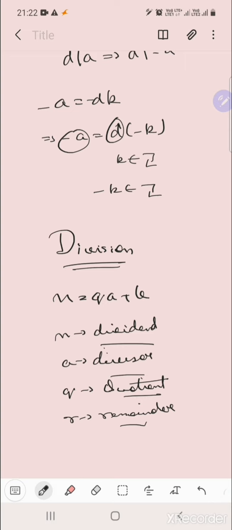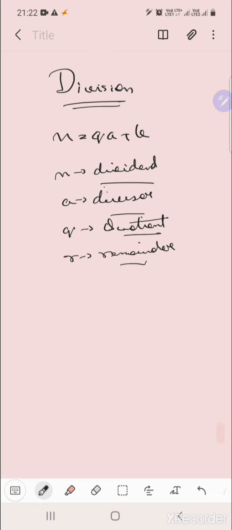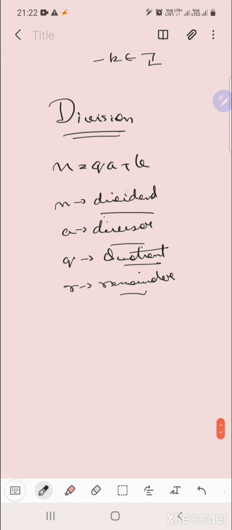Achha. So the quotient and remainder are always unique for a particular integer n. There cannot exist two different quotients and two different remainders for one particular integer if the divisor is the same.